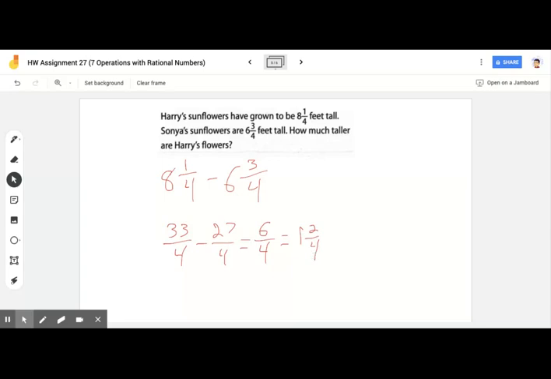Or we could simply simplify that to 1 1/2. So what will we say? Harry's sunflowers are 1 1/2 feet taller.